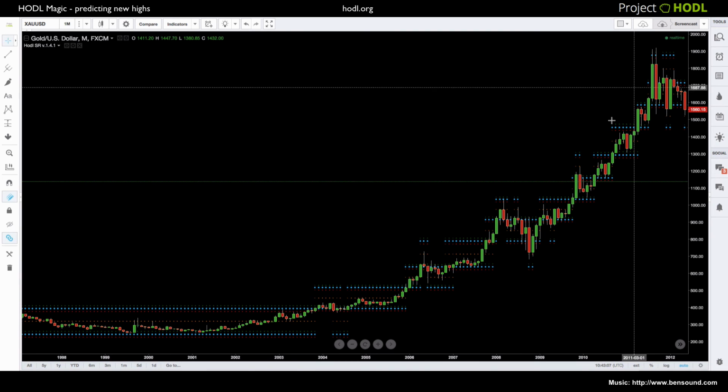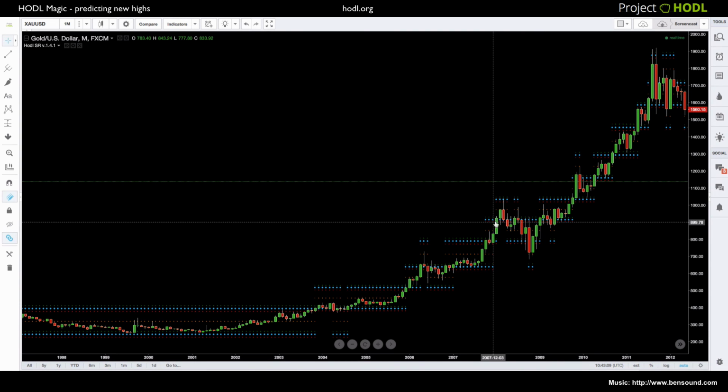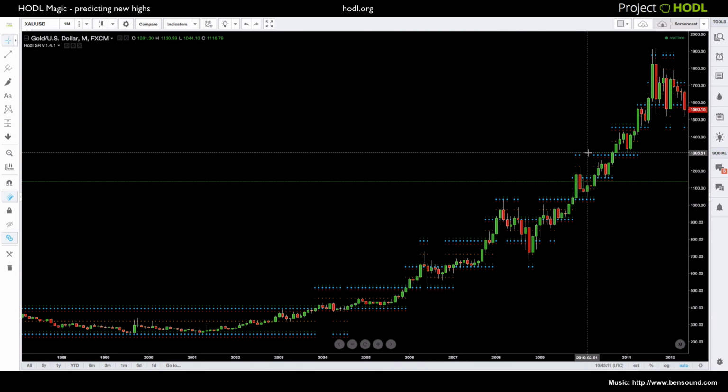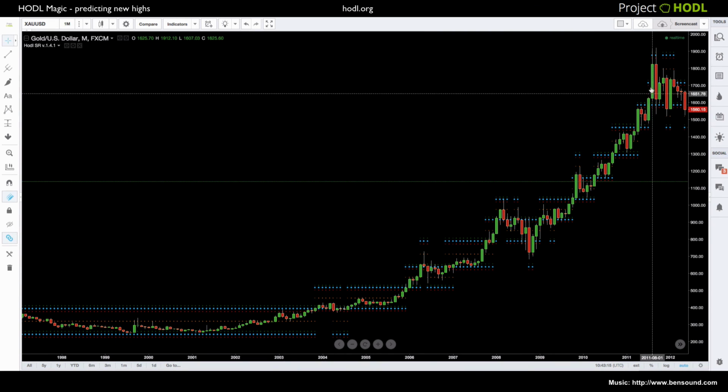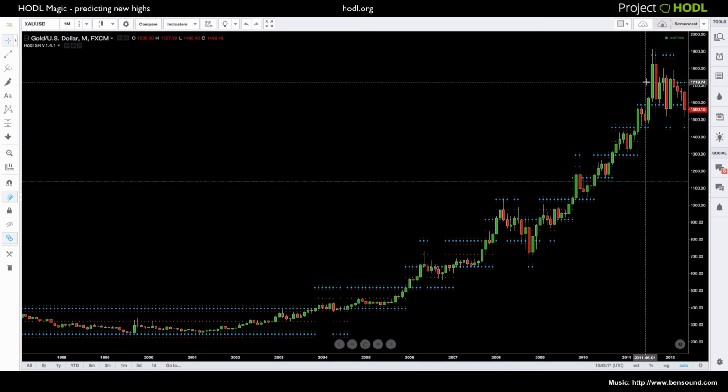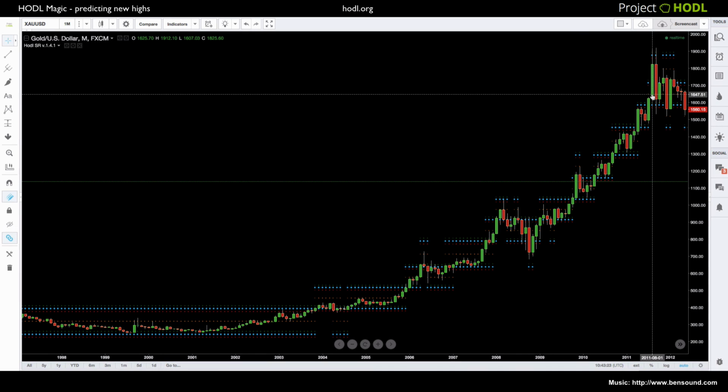As you can see, HODL SR can predict the price levels, the targets, the next targets, and it does that quite well. And we're looking at the monthly time frame. We don't see what really happened here.